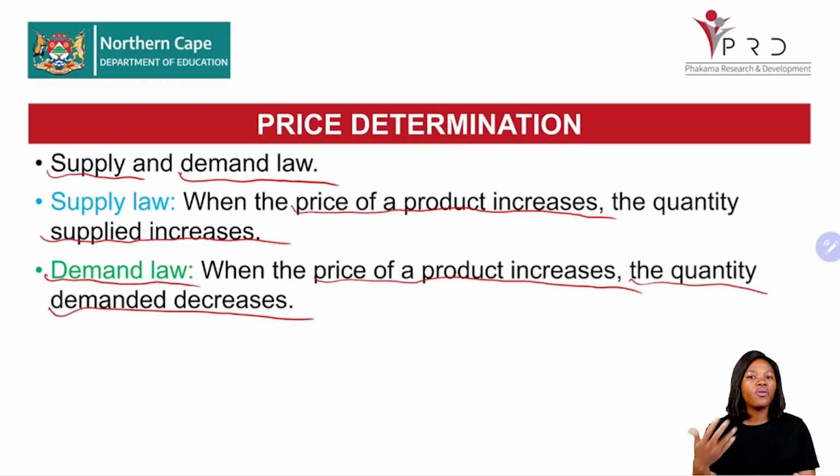When the one goes forward, the other goes backward. When the one goes to the right, the other goes to the left. That is inversely proportional. That is the relationship between the price and the quantity demanded. So these are the laws that are used when determining the price for a particular product.